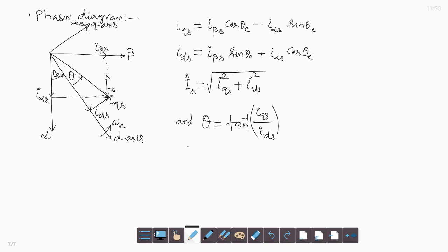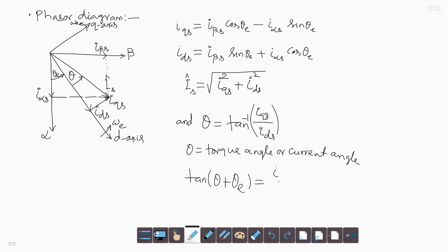So, theta is the torque angle or current angle, same thing, current angle with respect to the d axis or rotor flux psi r. Then another, tan of theta plus theta e, as you see here, is I beta s divided by I alpha s.